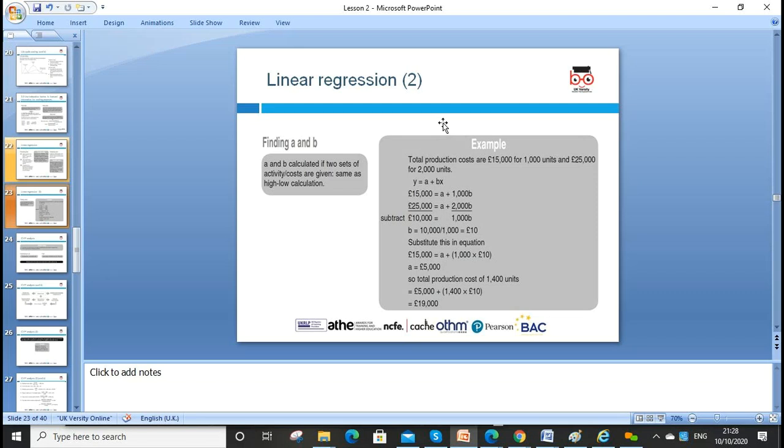So you take the difference, 15 and 25, the difference is 10. If you take the difference here, there is a difference of 1000. So B equals 10,000 divided by 1000, which is 10 pounds. Substitute into this equation, 15,000 equals A plus 1000 times 10. So A is equal to 15,000.